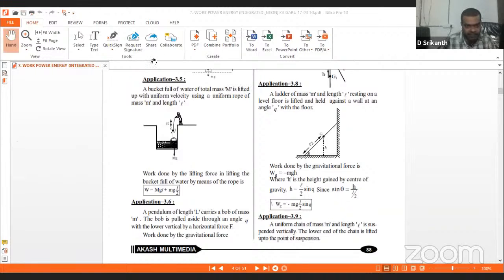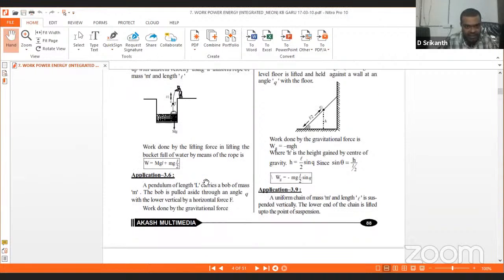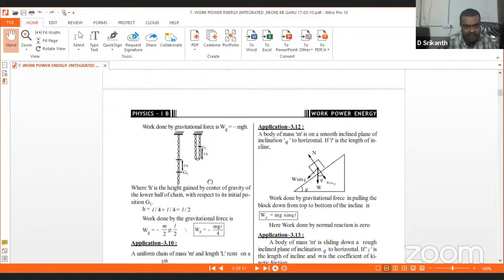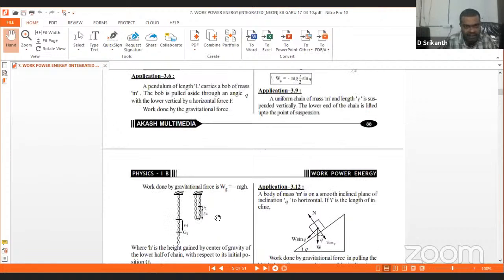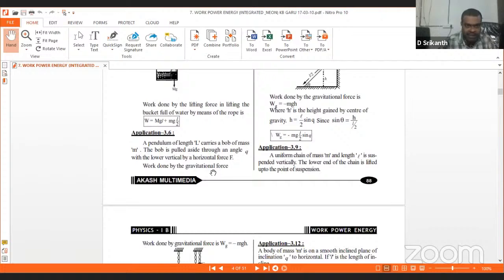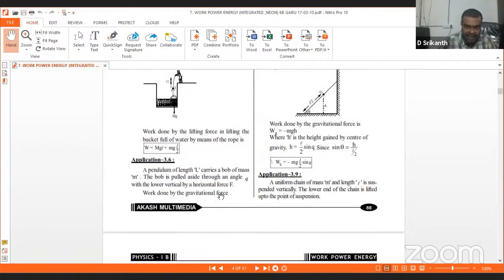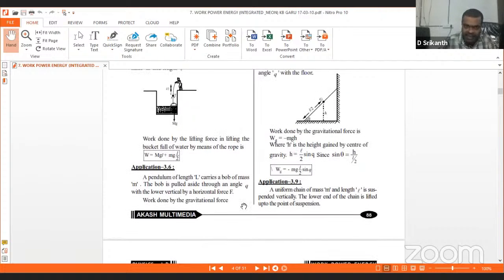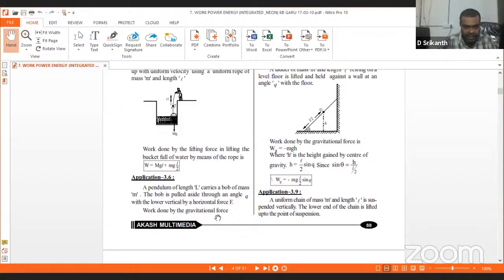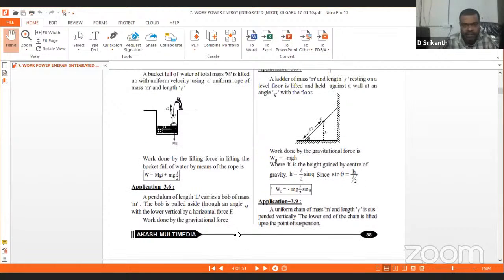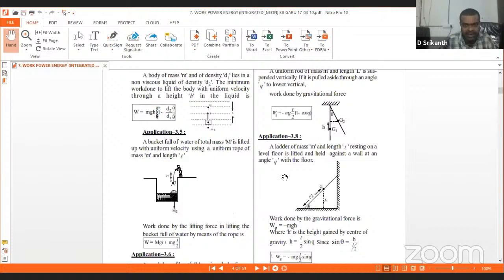Next one. A pendulum of length L carries a bob of mass M. The bob is pulled aside through an angle theta with the vertical by a horizontal force. Now see the diagram.